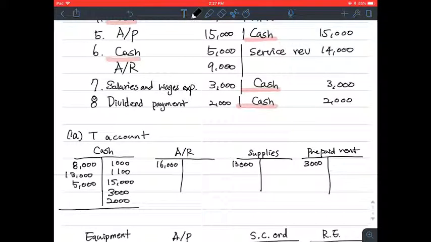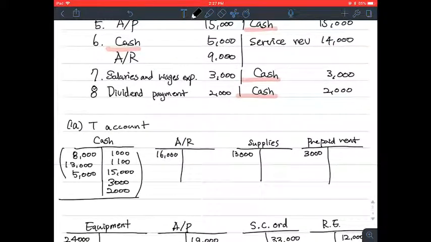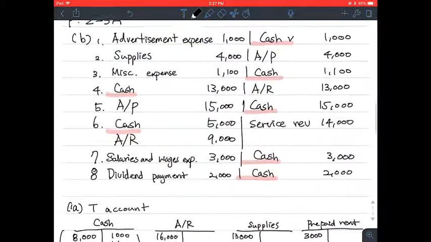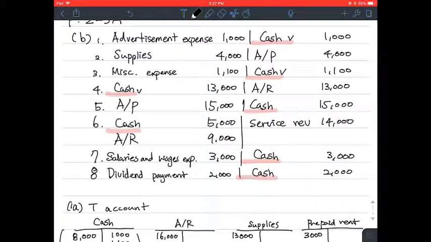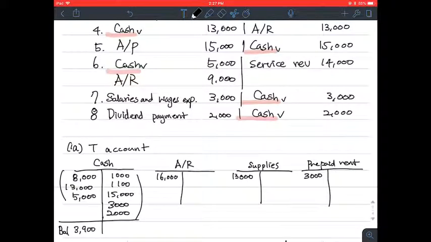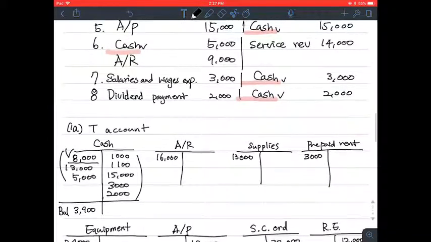And if you add all the debit and credit sides together, it will give you the ending balance. And the ending balance should equal 3,900. Okay, we did cash. 1, 2, 3, 4, 5, 6, 7. 7 cash items. 1, 2, 3, 4, 5, 6, 7, 8. Because we have added the balance in the beginning, it should be 8 items, right?